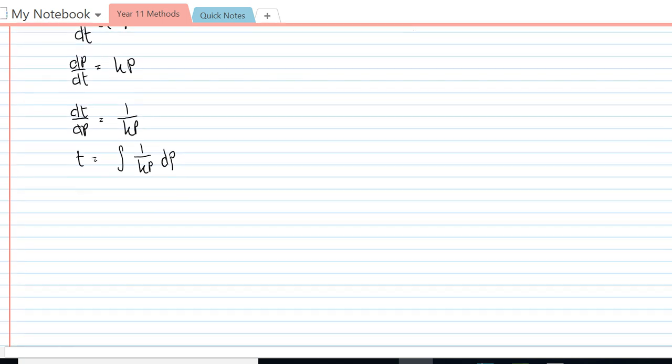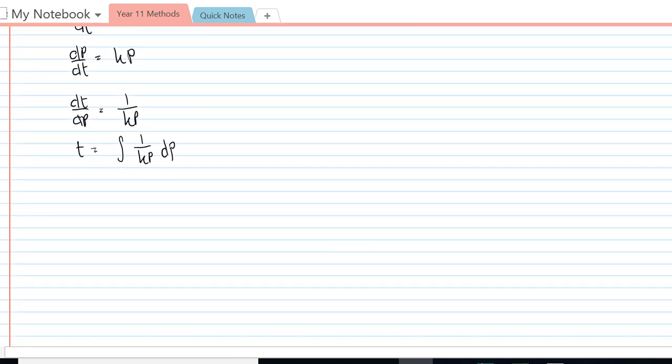Notice I can take the 1 over k out the front, and that will leave me with something that's going to become a log. So t equals 1 over k out front of the integral of 1 over P dP. And so that means t equals 1 on k log e of P. And then can't forget the plus c on the end of it either.